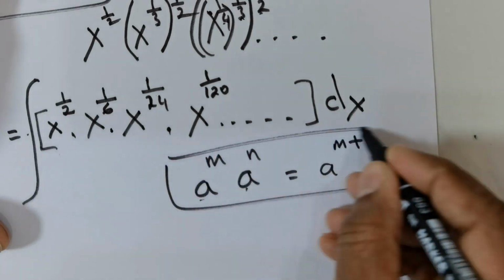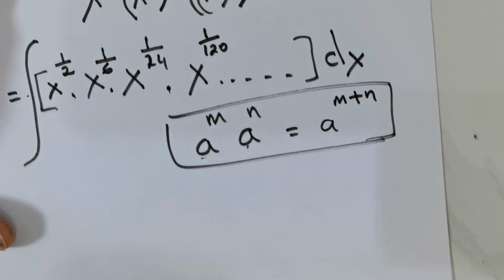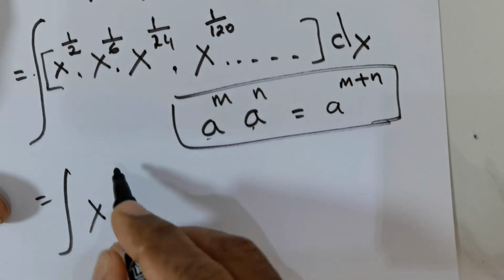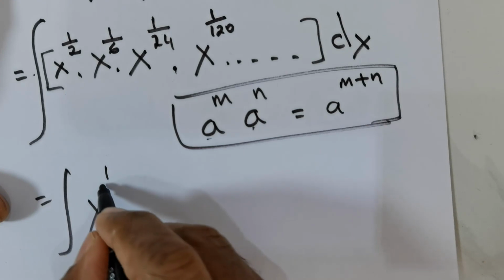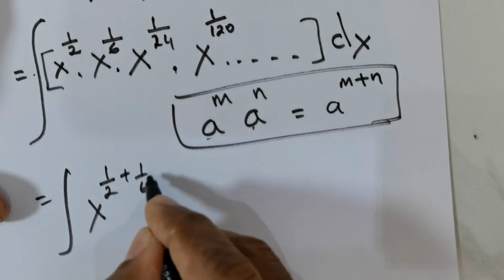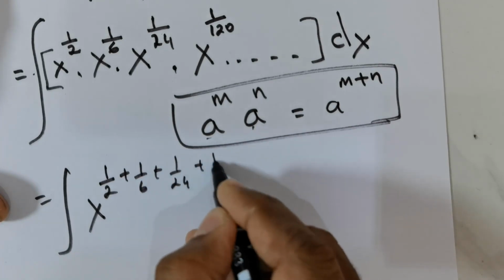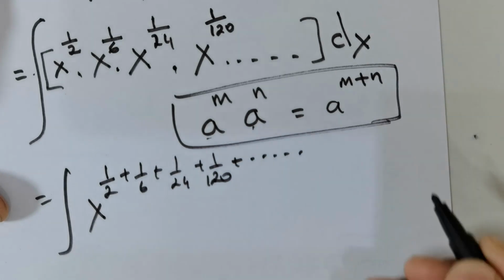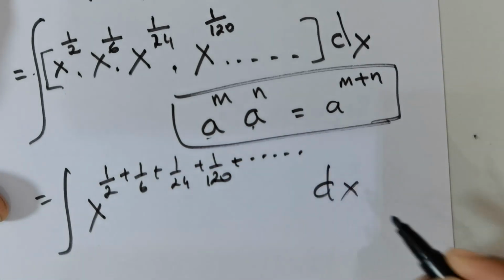Okay, so by this I'm going to rewrite this as integral x raised to the power of 1 over 2 plus 1 over 6 plus 1 over 24 plus 1 over 120, right? And so on, multiplied with dx.